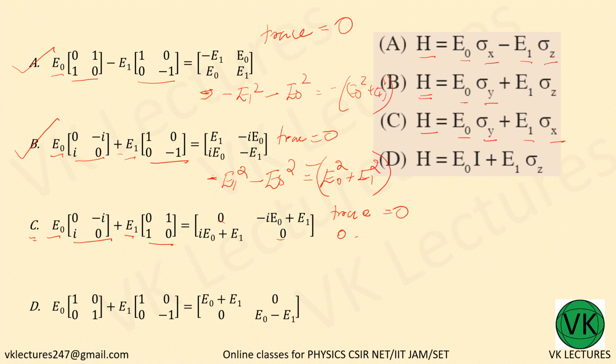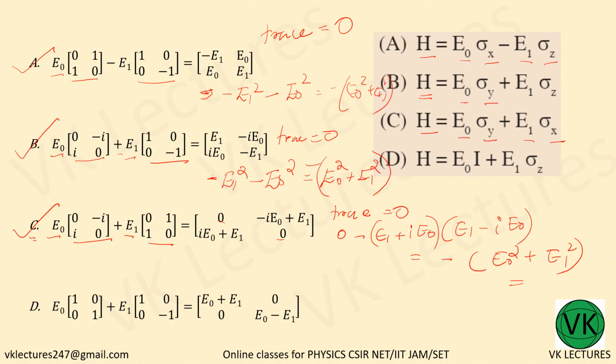The determinant is 0 minus (E1 minus I E0)(E1 plus I E0). A plus B into A minus B is equal to A² minus B². I squared gives minus 1, so what you are getting is minus (E0² + E1²). Again the determinant is the same, so option C is also correct.